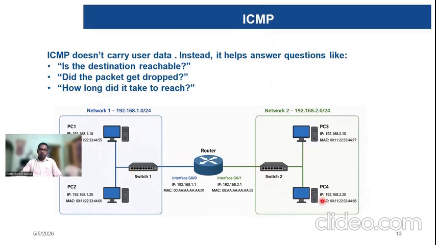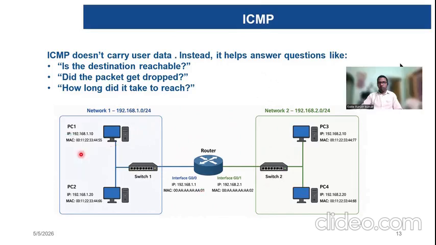Once it confirms, then actual data will be sent from the sender to the receiver. So these are the 3 steps needed to start the communication between sender and the receiver. Now I will show you the simulation of this ICMP and ARP protocol.